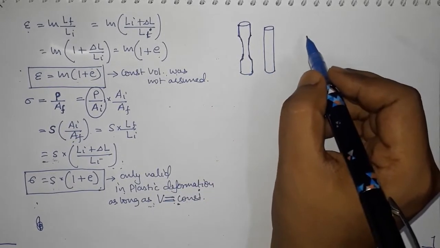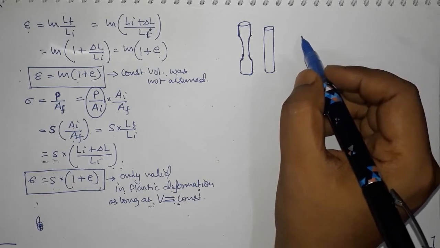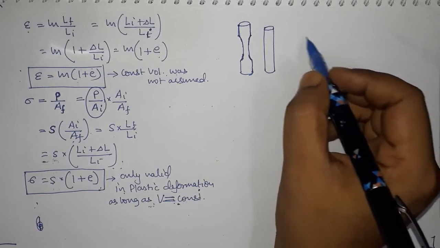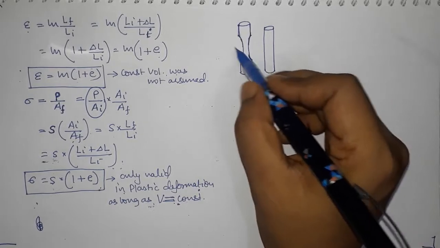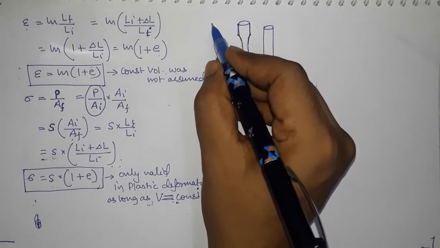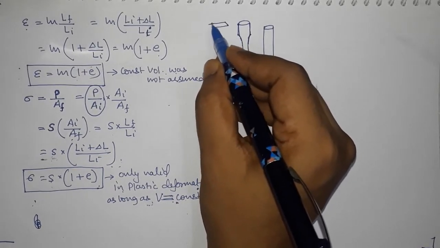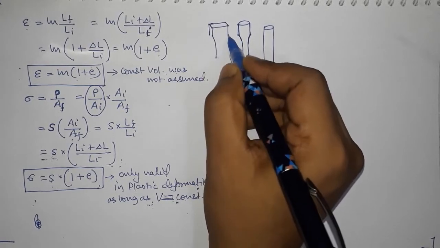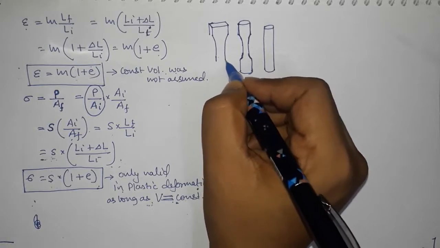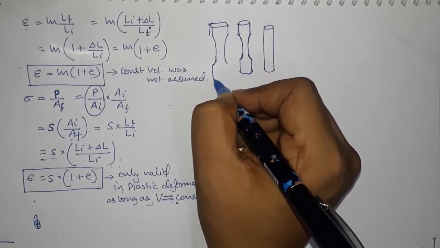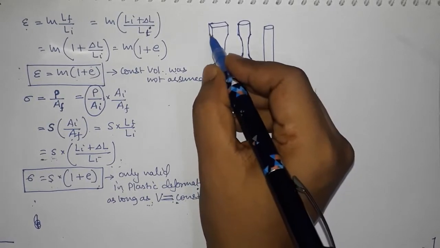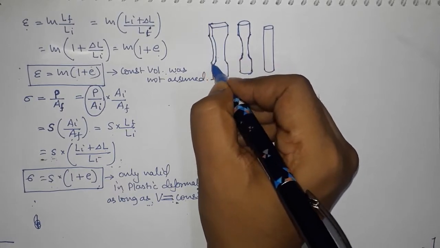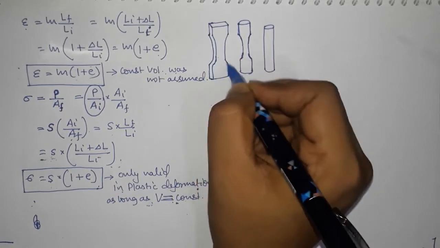Now what we should understand is that when we test this kind of specimen or the flat specimen, so we have another design which we drew on the last page. It looks like this.